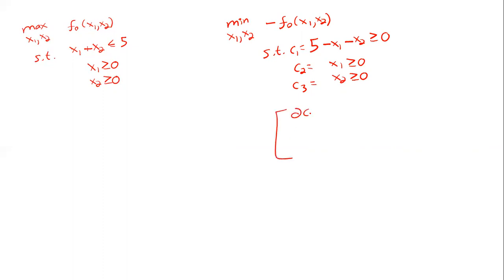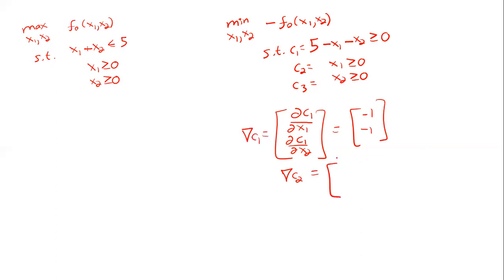The gradient of the first constraint with respect to x1 and then x2 is just going to give me -1, -1. My gradient for C2 is going to give me 1, 0. And my gradient for C3 is going to give me 0, 1.